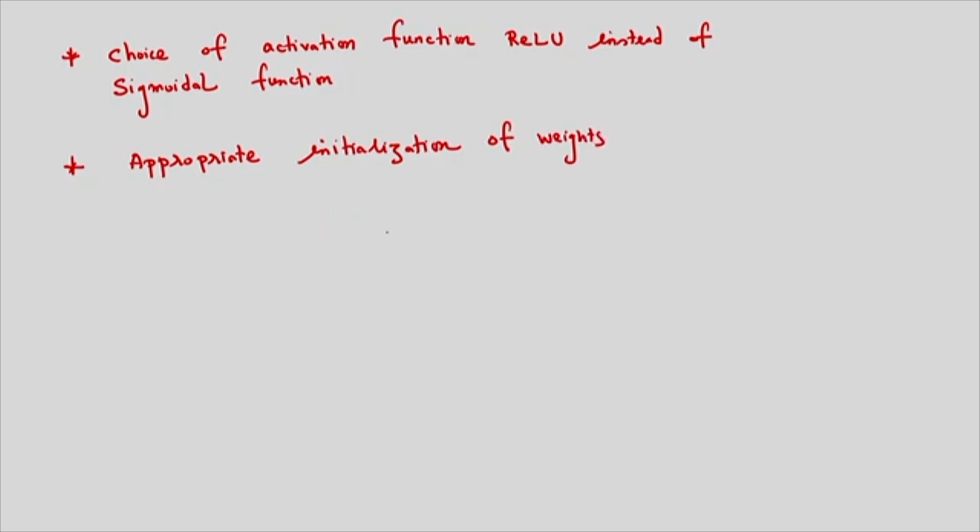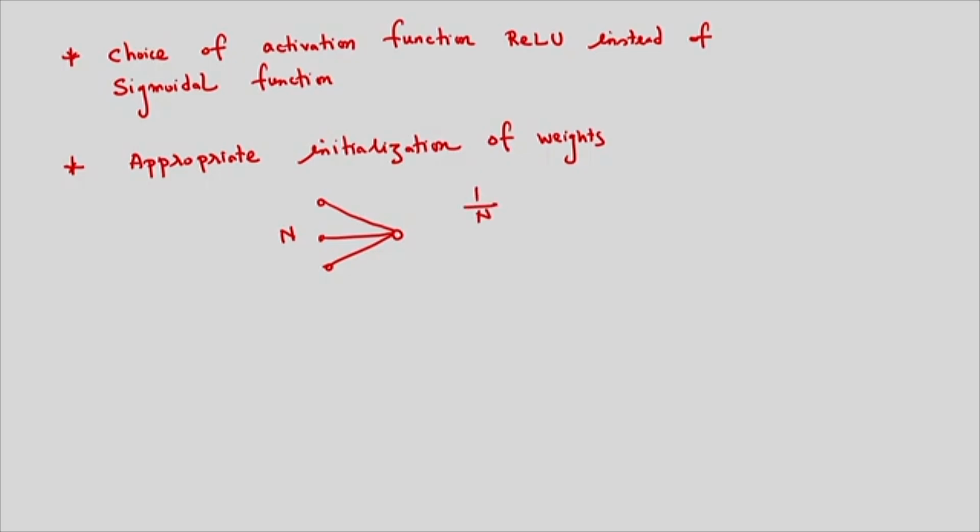Suppose I have a network with n number of terminals. How do we choose appropriate weights? In this case, we can consider a zero mean distribution, but with variance 1 by n.